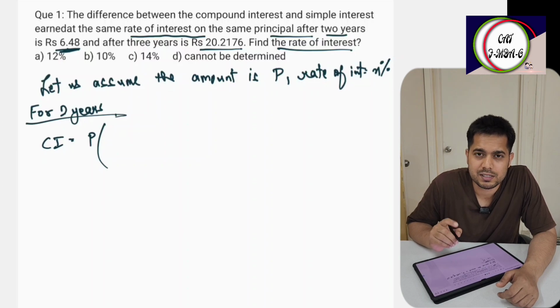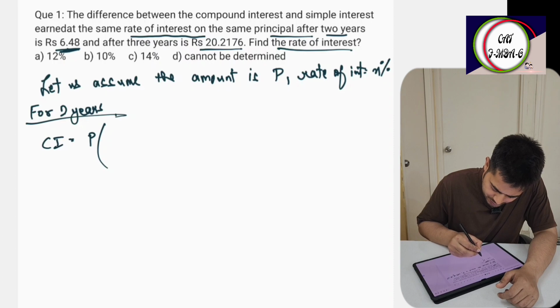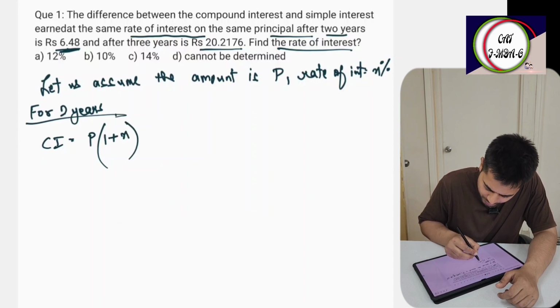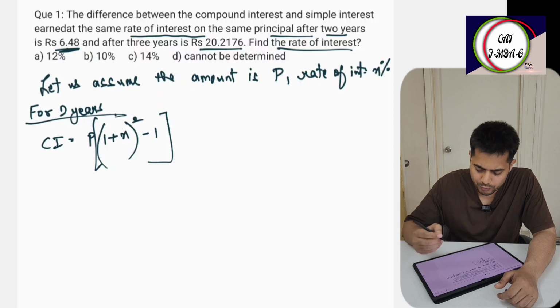We will directly take X and then we are going to solve. So compound interest is P into (1 plus X) to the power N minus 1. This will be compound interest.